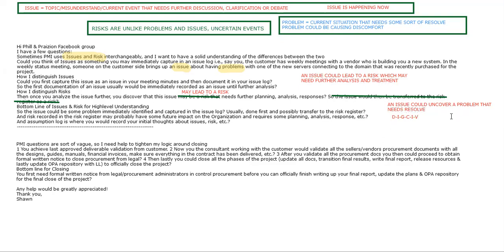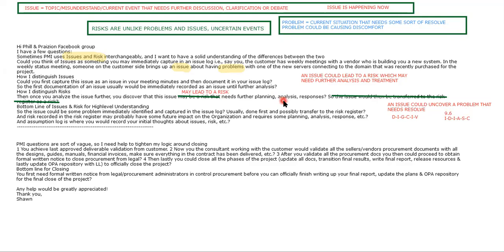Or if you read up in 9.6 in the PMBOK guide, you use the IDEAS C approach. And you can go read that up, but my preference is the DIG SIEVE, but you get the picture. You need to resolve a problem if a problem is discovered. Okay, so I hope that guides your understanding in that regard.